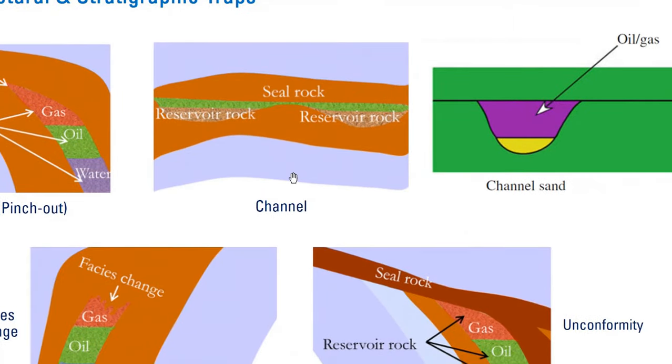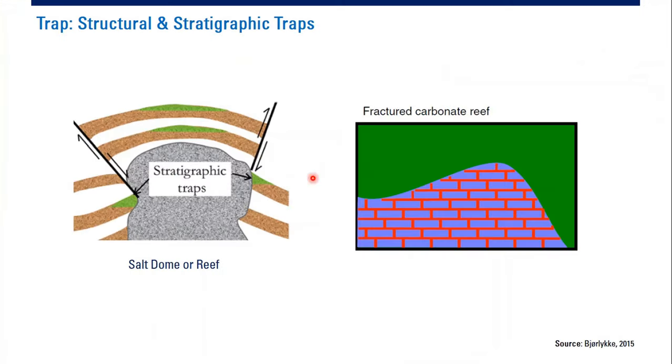Here we have channel. So for channel, thousands years ago, it's actually a river. And we call it usually channel reservoir. Again, salt dome or hydrocarbon or fractured carbonate reef.